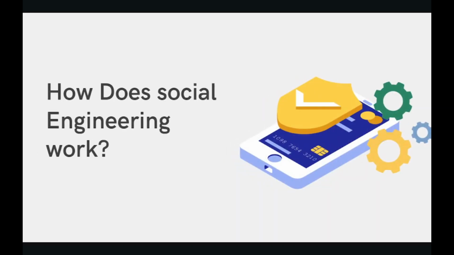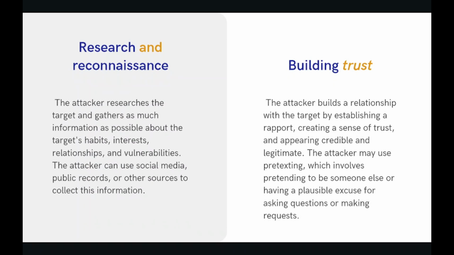So let's talk about how social engineering works. The first one is research and reconnaissance. Research and reconnaissance refers to the process of gathering information about a target in order to plan and execute an attack. The attacker will typically try to gather as much information as possible about the target's habits, interests, relationships, and vulnerabilities.